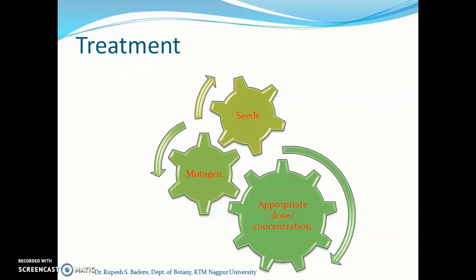Generally, people will select the LD50 dose and they will select one dose less than the LD50 dose and one dose higher than it. So typically 3 doses or concentrations of mutagens are selected. At this dose or concentration, you treat the seeds with the mutagen.